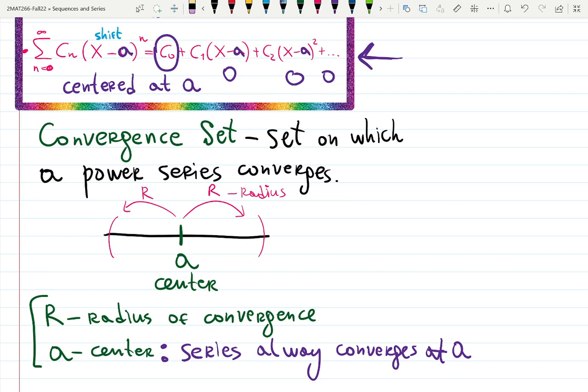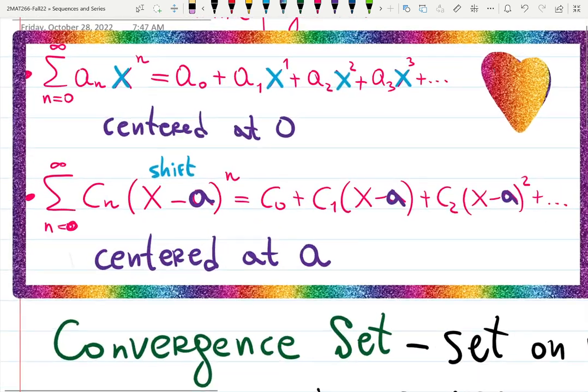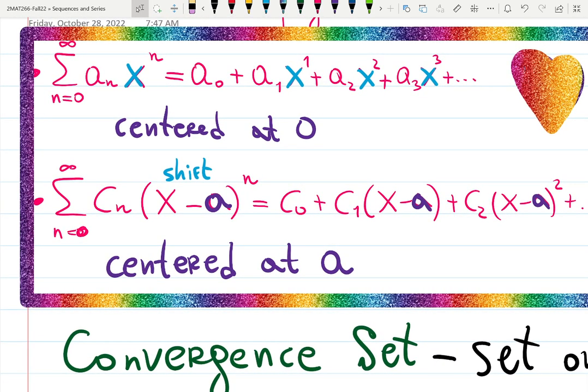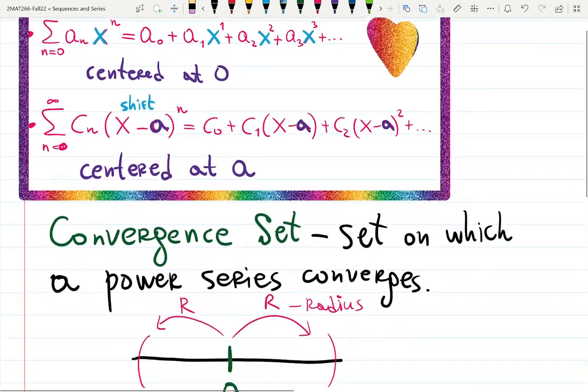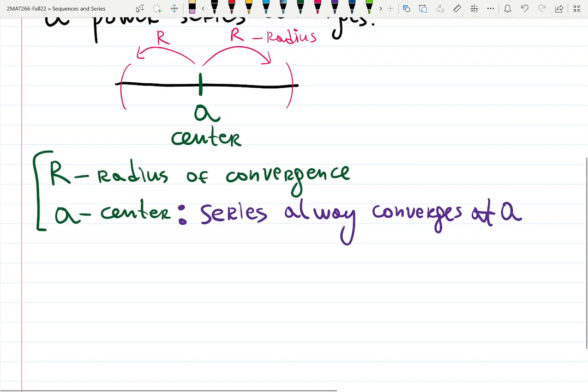That's why at the center it always converges. If I plug the center here, then I'm literally plugging 0 everywhere. 0, 0, 0, 0, 0. A sub 0 is the only number left, so it converges to a finite number. And we even know what number, the first term. So the series always converges at A.